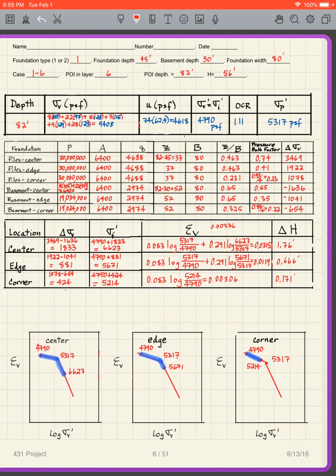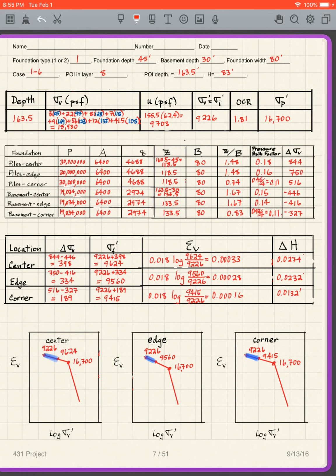Well, I also have to do the next layer, which is layer 8. I'm not going to go through this in as much detail, but basically it's the same calculation, and so same thing in this particular case. My OCR is 1.81, which means that in this particular case I have a very high sigma prime P, and I never get there.